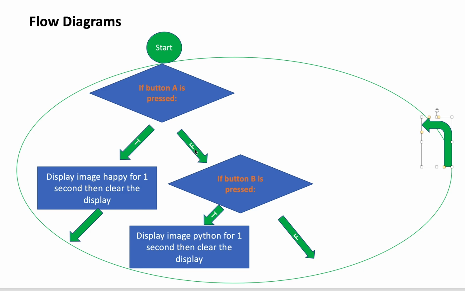F for false. If button B is pressed, then we're going to check if that's true. We're going to display an image of a python for 1 second, then we're going to clear the display. If they're both false, the program will just continually run and wait until one of the buttons is pressed. Pretty simple. Let's give it a go.